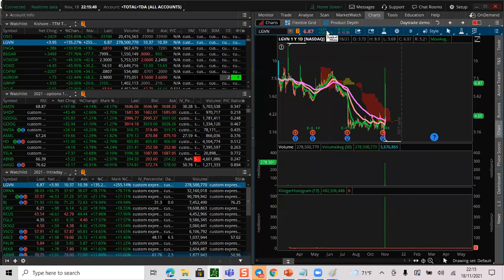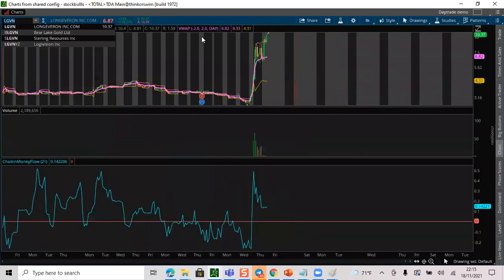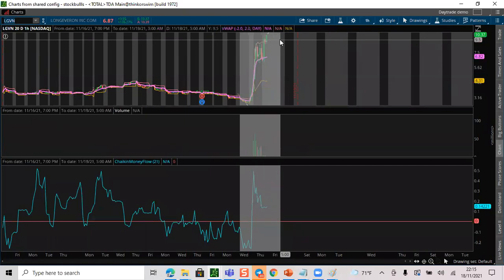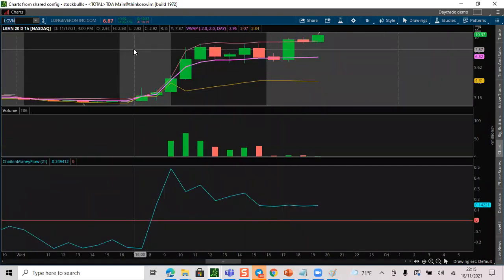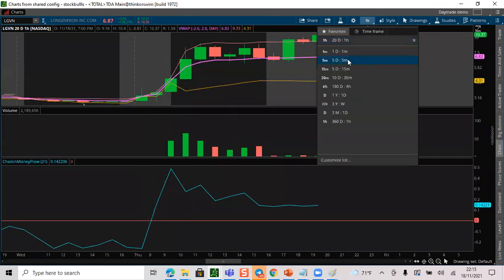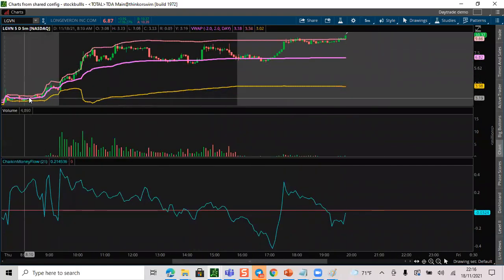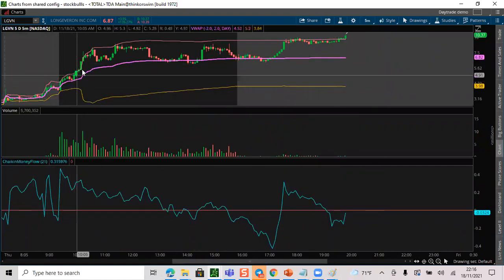LGVN went up $4 today, and it's a strong ascending chart pattern. And on an hourly chart too, it is right above the VWAP line. Even if you take a 5-minute chart, it is above the VWAP line. The stock held its level and keeps going up.